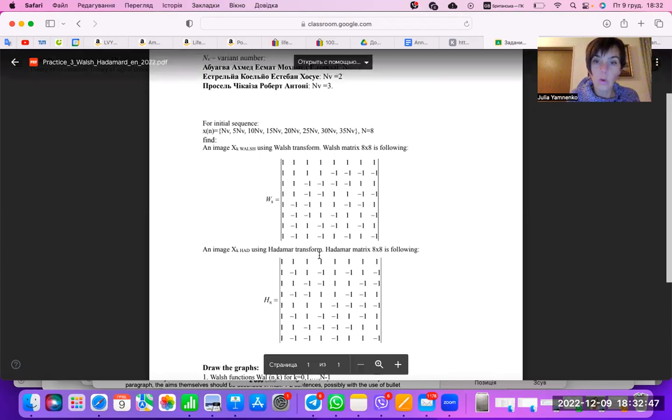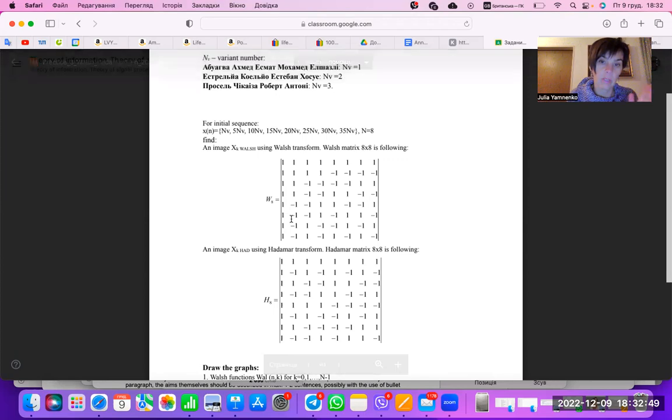We consider all the others. If we have a matrix 8 by 8, one row consists only of ones, and all the others should contain the same number of values +1 and -1.